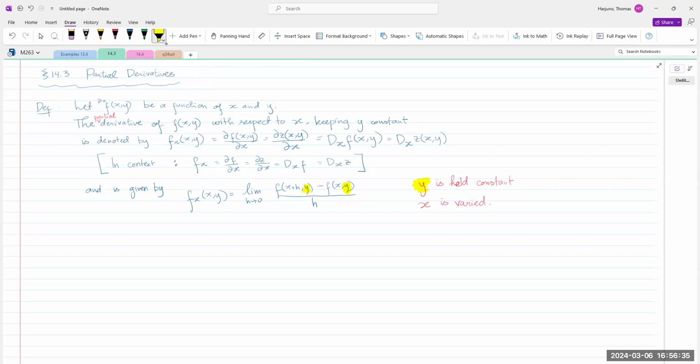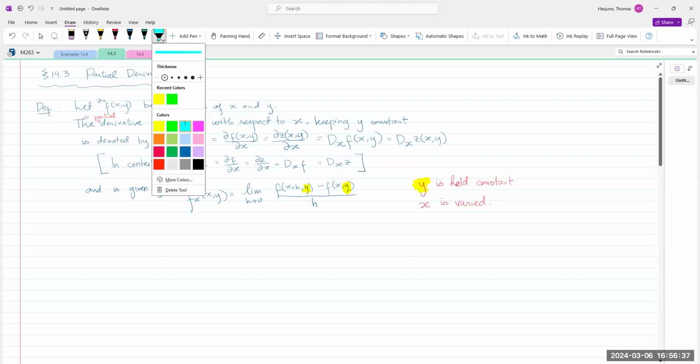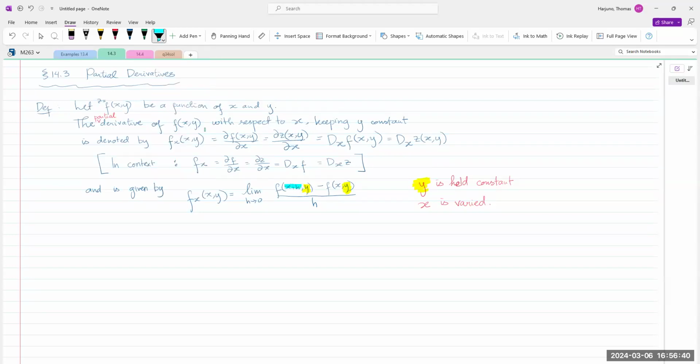The x is the one moving. From there you see that we do partial derivative with respect to x, which means only x is moving but the y is held constant.